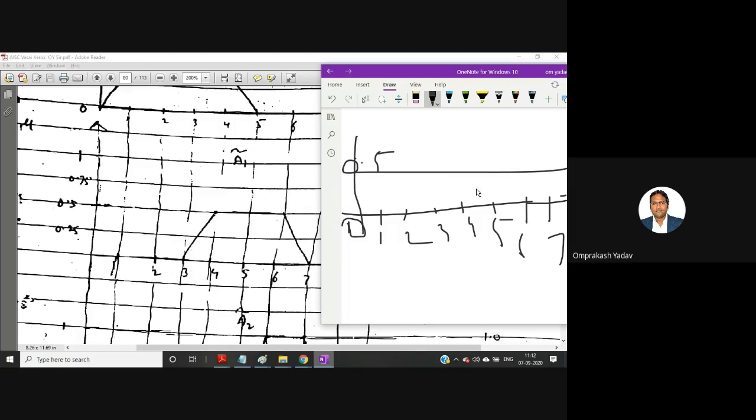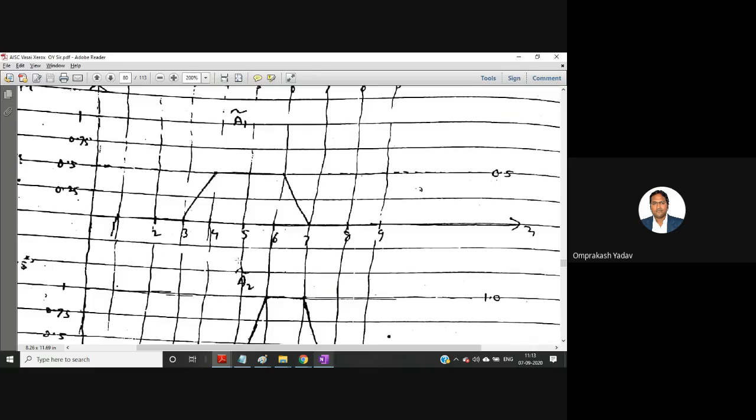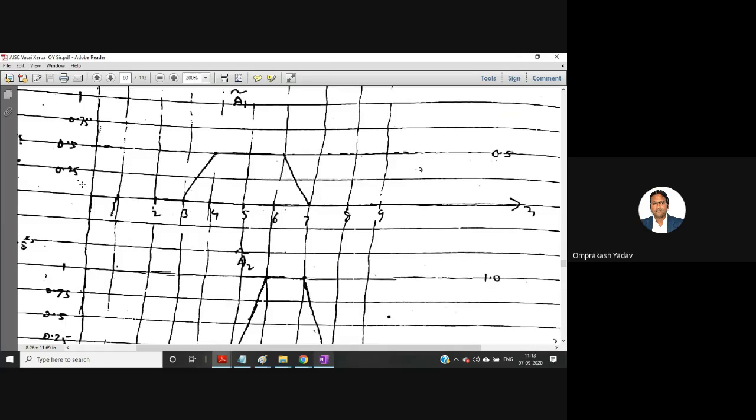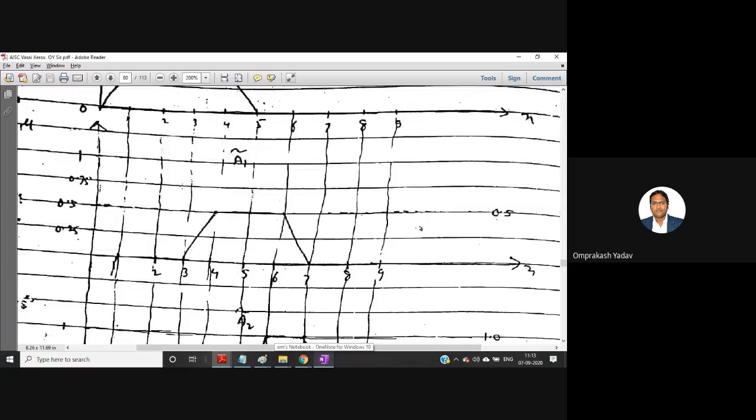And from 3 to 4, and then 6 to 7. So this graph is given to you. This is the second graph. Completed? So the first one is the A1 set, the second is the A2 set.